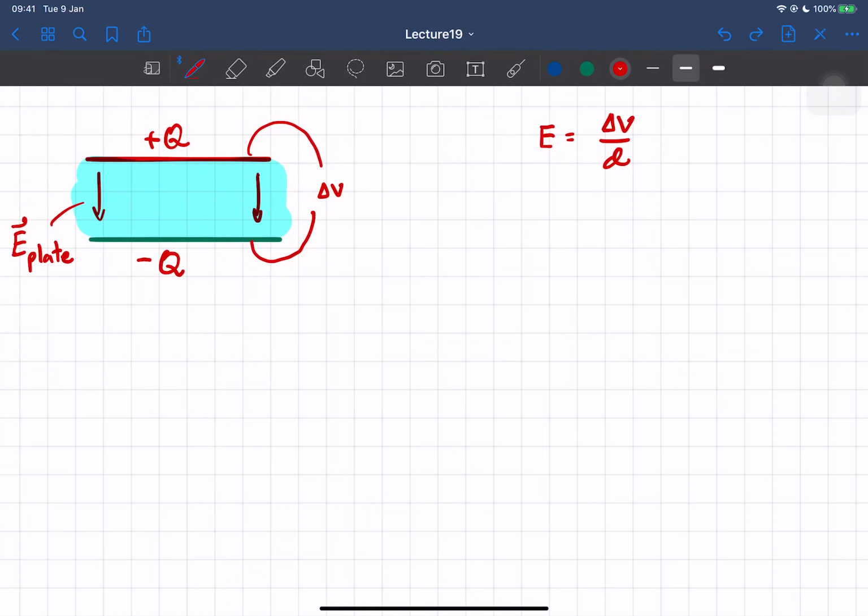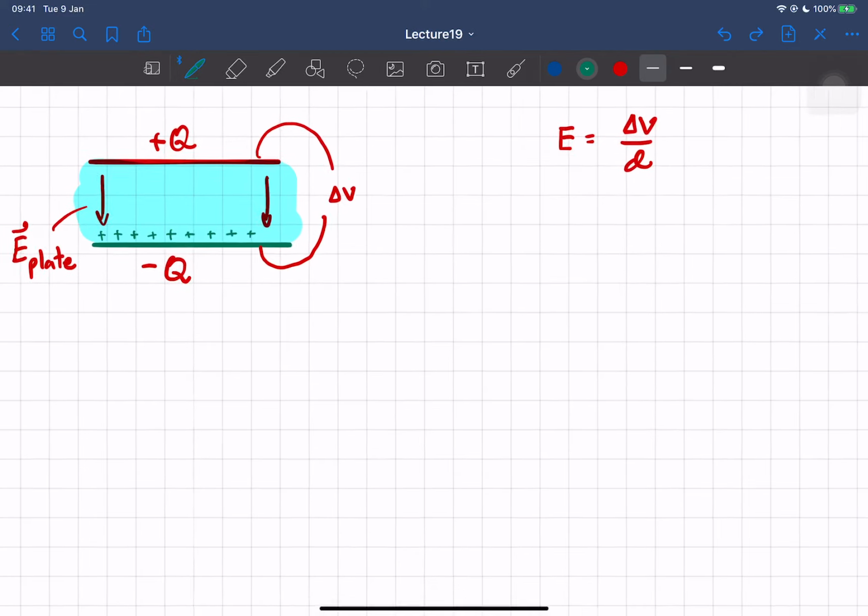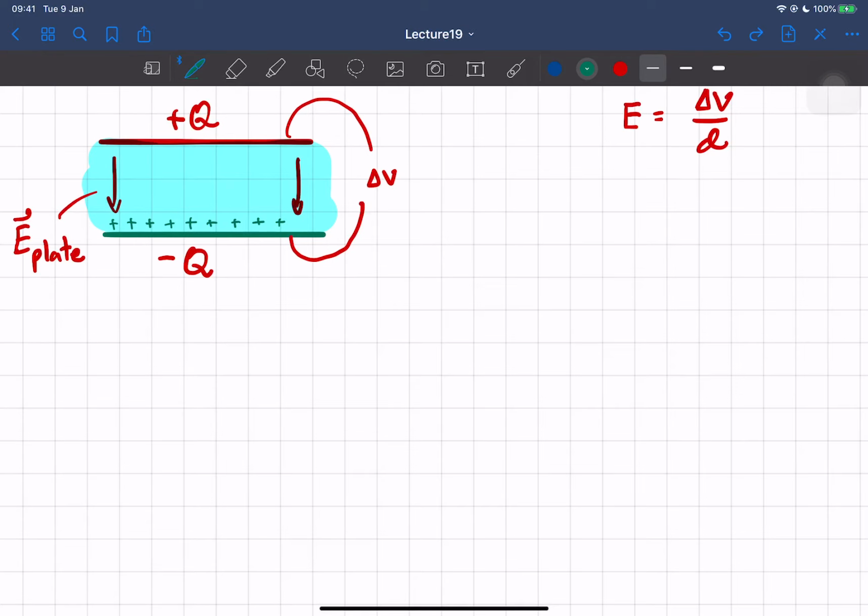At the edge of the dielectric, you're going to develop some positive charge. This positive charge is not the charge on the plate, because they are not the same material. It's in this blue thing. And on the other side, you're going to have negative charge at the edge of the dielectric like this.